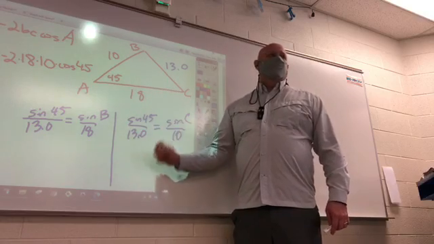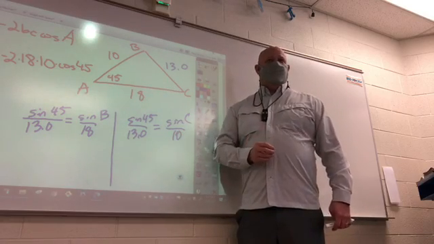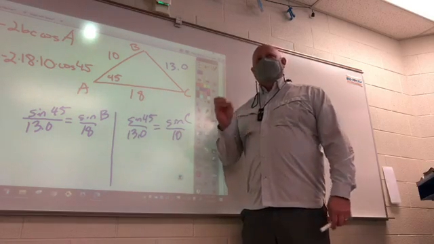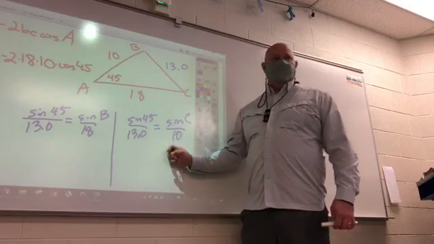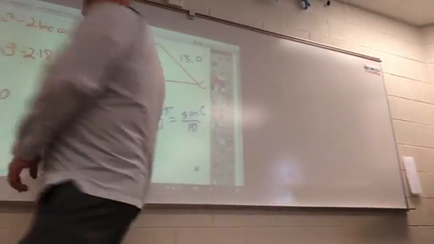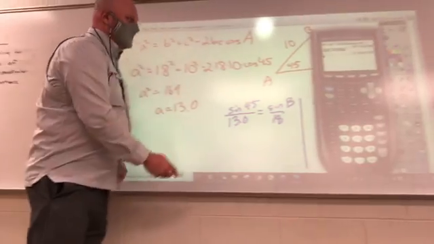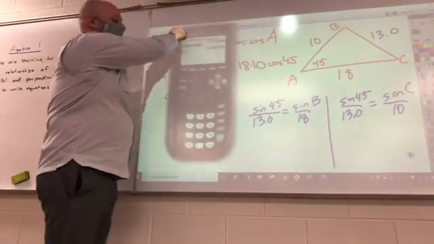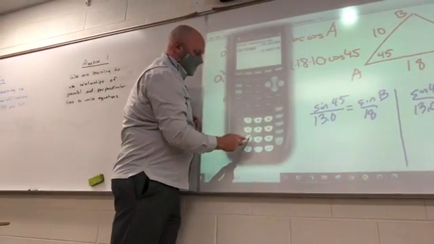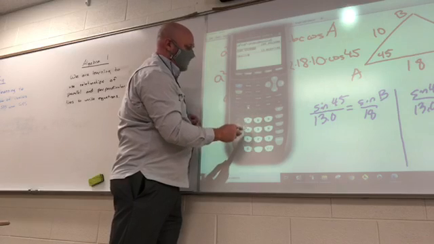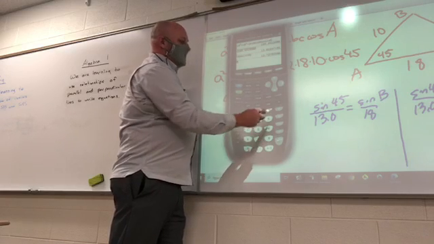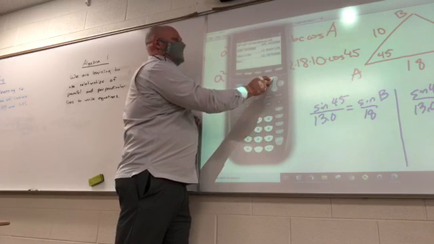With both of these, what am I going to have to do at the end of these? Inverse. How many answers are there to each of these? There's two. If I did this one, and I said, all right, I'm switching to the law of sines, and I said 18 times the sine of 45, I divide that by, and I'm not just going to type in 13.